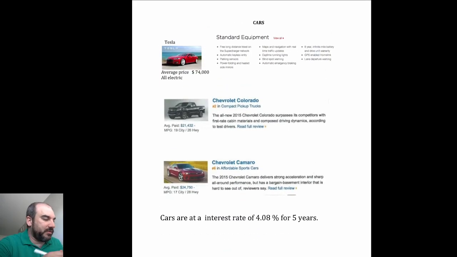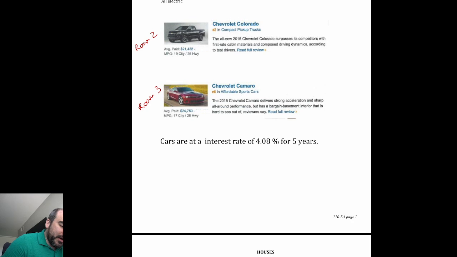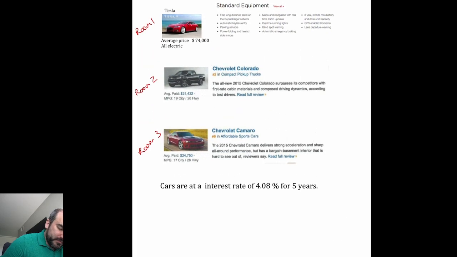Actually, let me just solve that problem for you guys, so you don't have to pick. Room 1, we'll do the Tesla calculation. Room 2, we'll do the Chevy Colorado, and then room 3, since there are 3 rooms, we'll do the Chevy Camaro calculations.